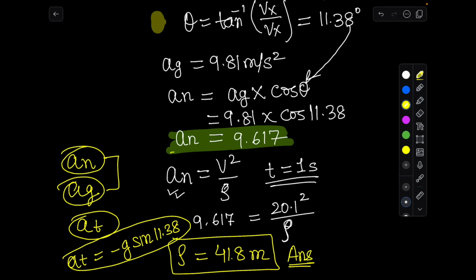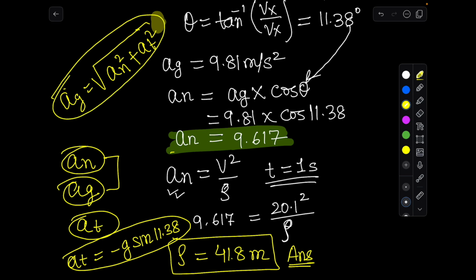There is another way: you can write AG squared is equal to AN squared plus AT squared. So you can use this formula to also calculate the AT. Now we have to solve for when the ball will reach the time of 2 seconds.